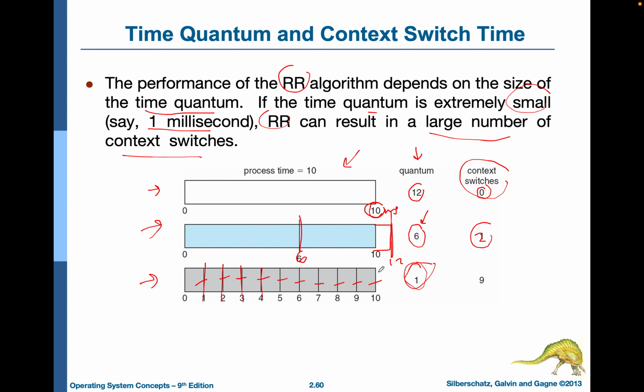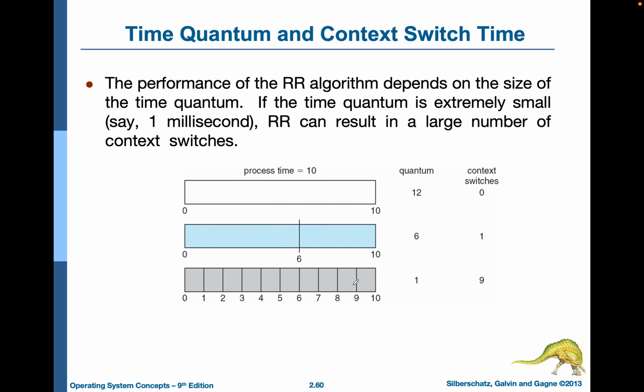In between, you're going to have 9 context switches. The last one is where you already finished the process time. So in between you're going to have 9. This is how quantum affects your round robin.